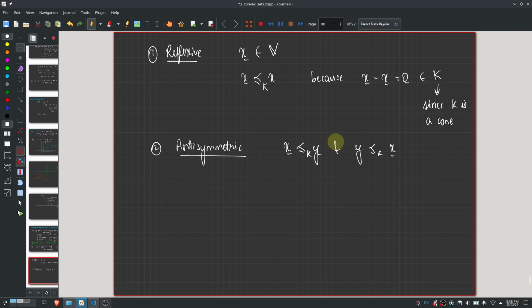What does this imply? y minus x is in the cone. What does this imply? x minus y belongs to the cone. But what is this? This is minus of y minus x, which belongs to the cone.